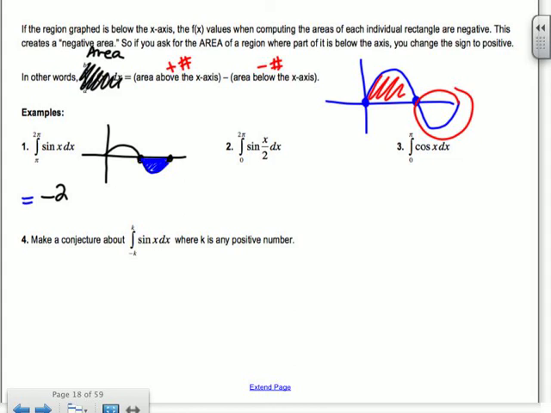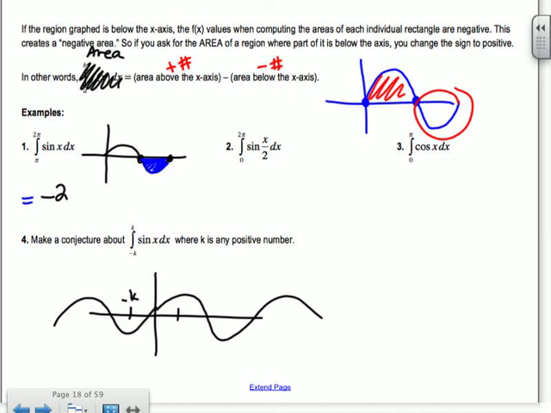All right, so let's skip number 2. I mean, you can do it if you want, but in number 2, I'm doing sine of x, where k is any positive number, and I'm going from negative k to k. So let's say it was here, negative k to k. What's your conjecture? So what is this value? 2. Nope. 0.